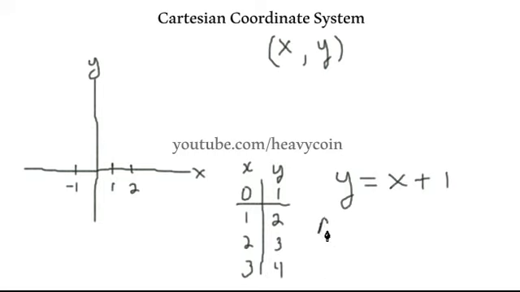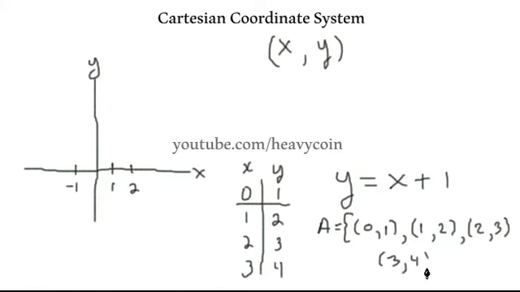Now I'm going to write all my ordered pairs in this set. So 0, 1, then 1, 2, 2, 3, and 3, 4, and I'll have to come down here on that.